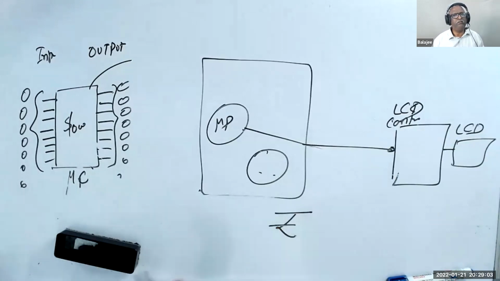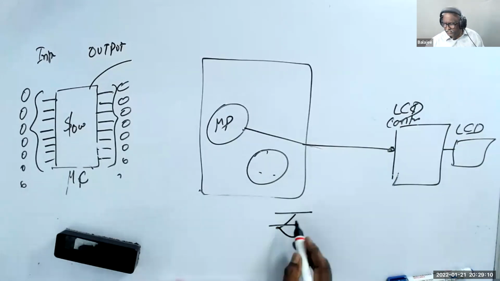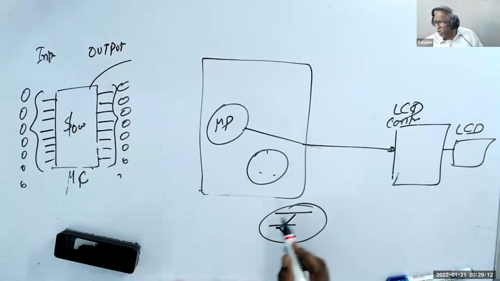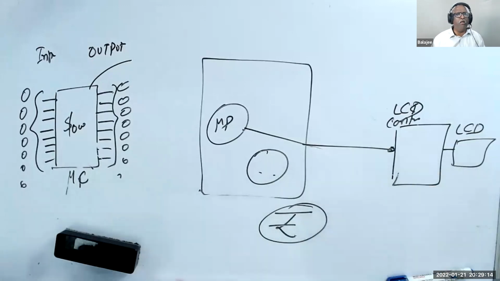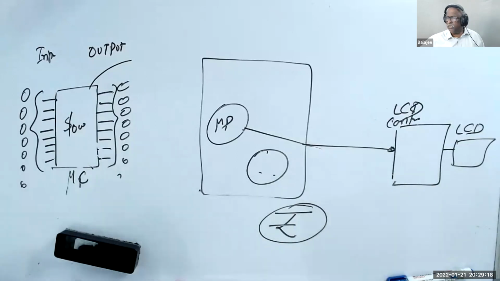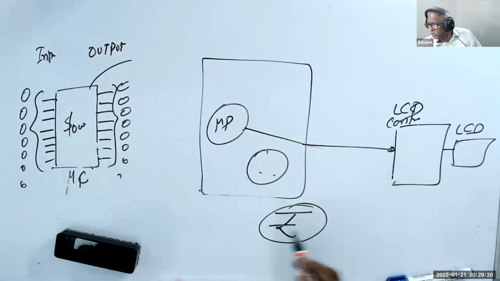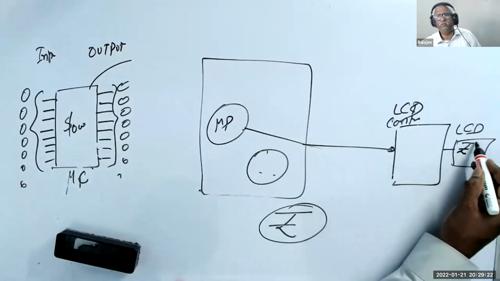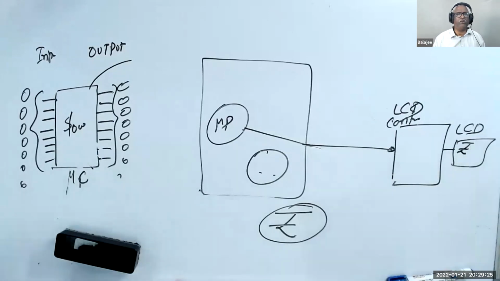I want this symbol. How do I do that? Suppose what I got from the market doesn't have it, but my customer asked me, Bala sir, I want a rupee symbol. Then you have to make a rupee symbol.